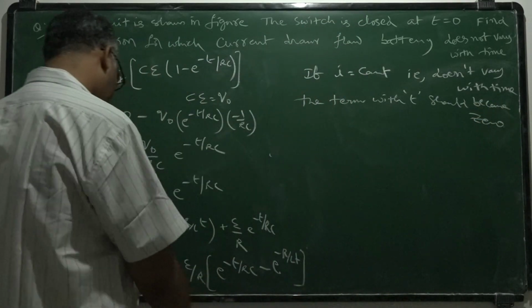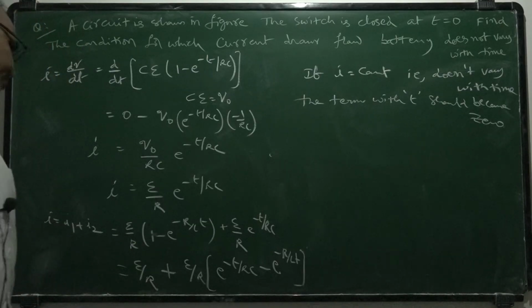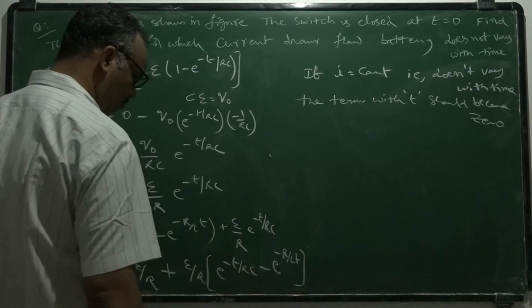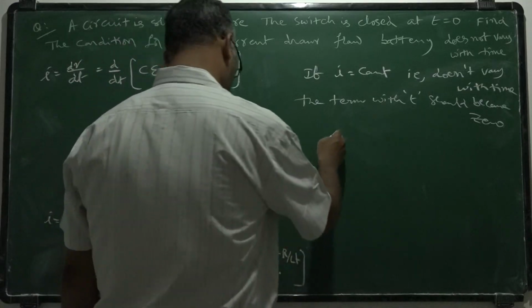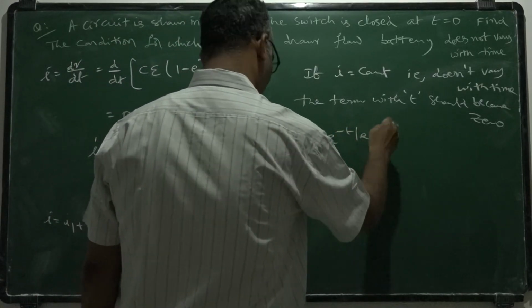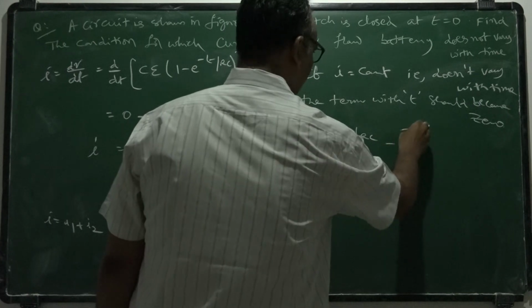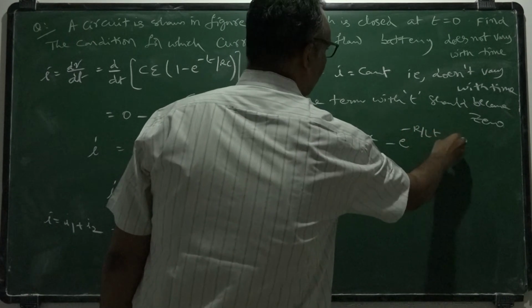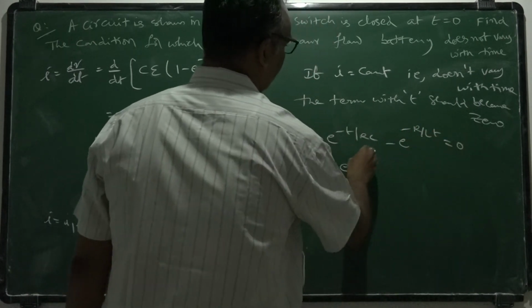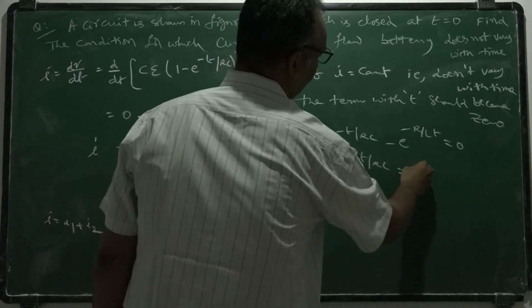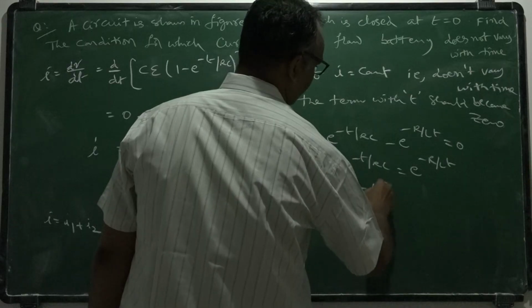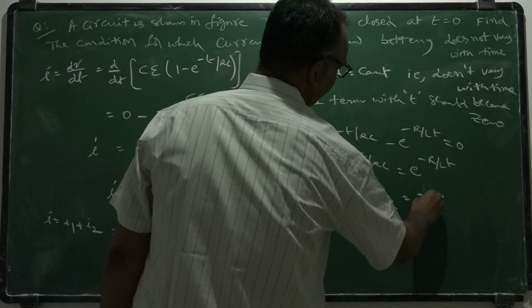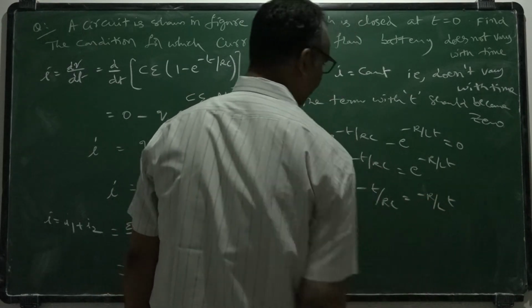That means the second term should become 0. As E by R is not equal to 0, the remaining part should become 0. E power minus t by RC minus e power minus R by L into t should become 0. So e power minus t by RC is equal to e power minus R by L into t. As bases are equal, powers are equal: t by RC is equal to minus R by L into t.